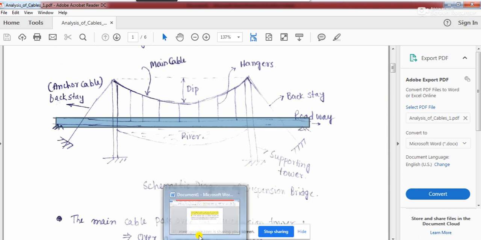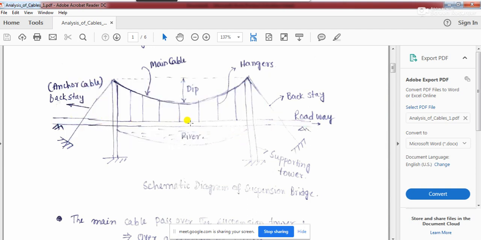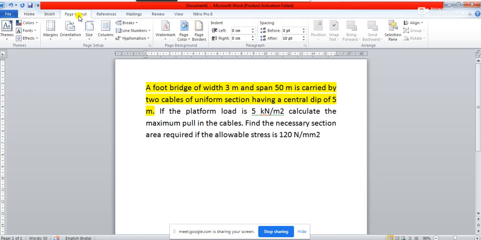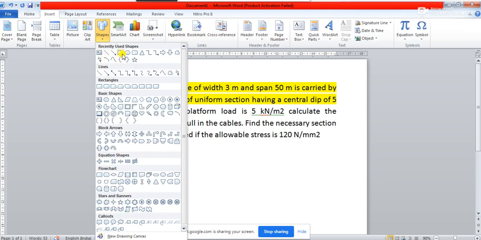So basically you see two cables, one cable is something like this, and this is one side of the bridge deck you are seeing. Exactly the similar replica, the similar mirror image, you will be seeing on the other side. So I'll just try to draw a diagram something like that. I don't know how much I'll be able to show it, because I am using this graphics and all.